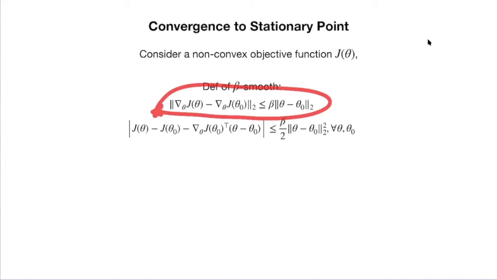It's bounded by the change of the two inputs times a constant beta. In other words, if your function is twice differentiable, this says that your Hessian, or your second derivative, is bounded, because the gradient does not change too fast. There's no dramatic change in the gradient if you change the inputs. Your second derivative is well behaved.